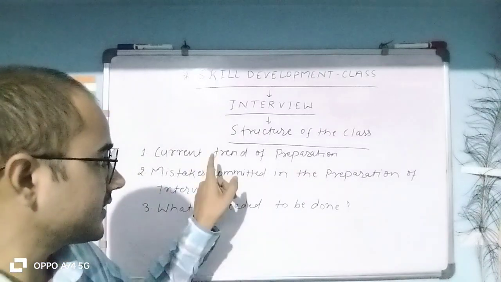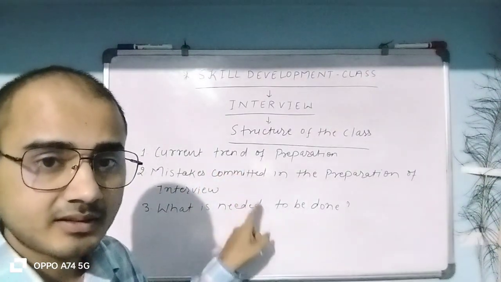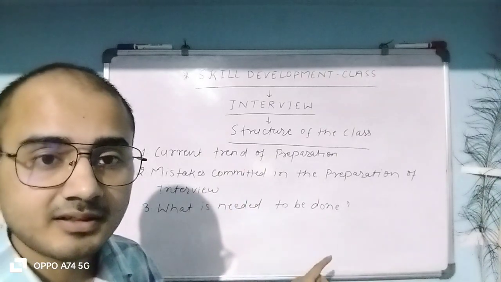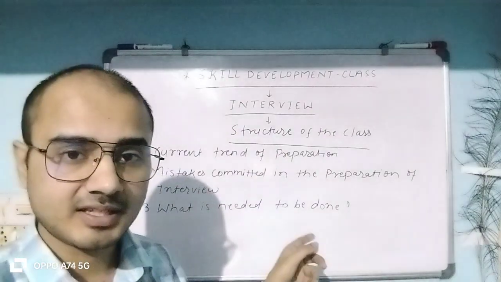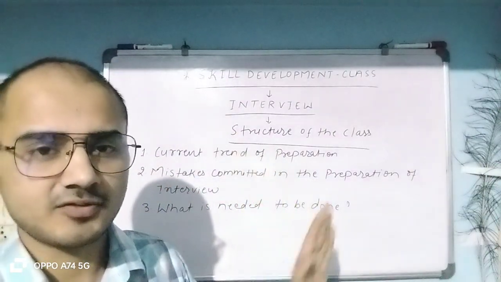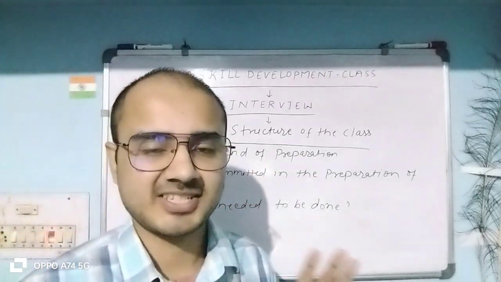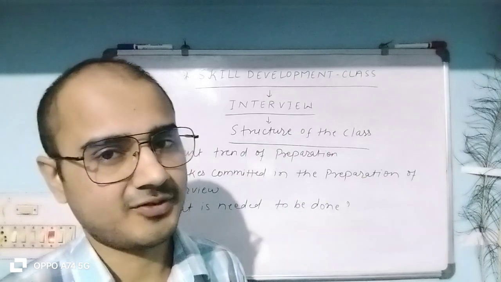If students are preparing and committing mistakes, then what is the right thing? We will see what is needed to be done to prepare rightly for this section so that we can achieve really good marks that we desire for this exam.